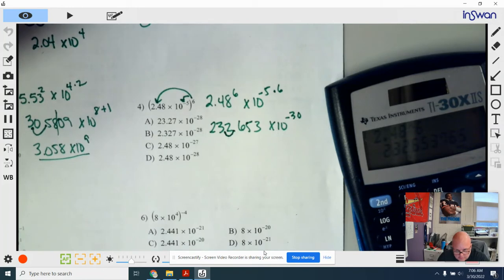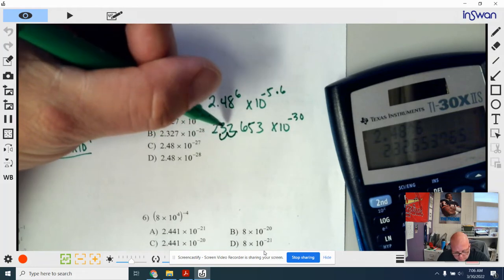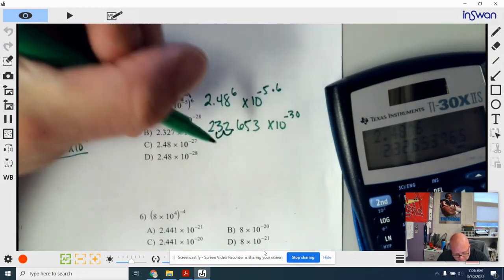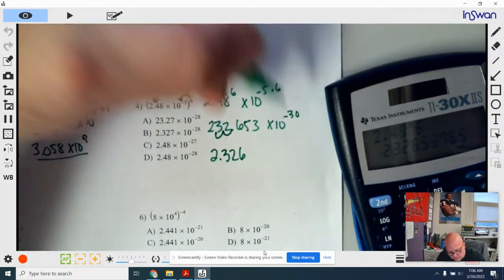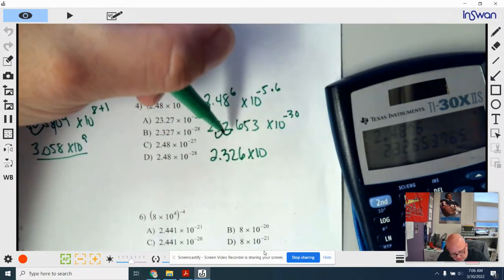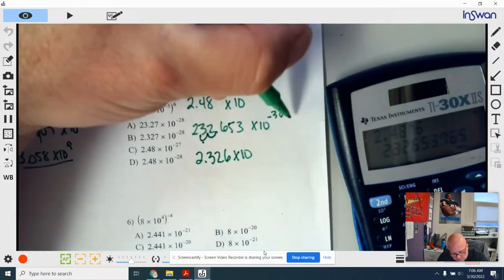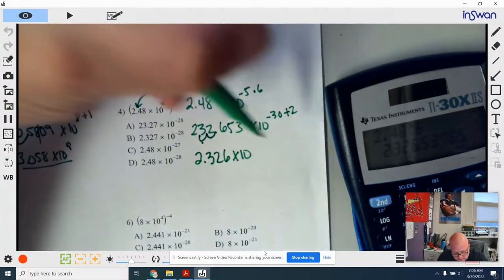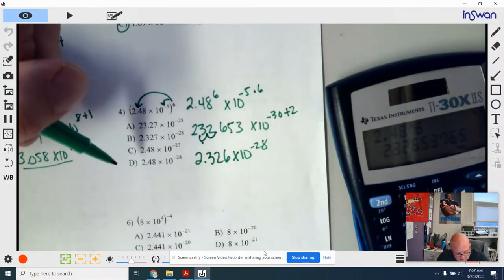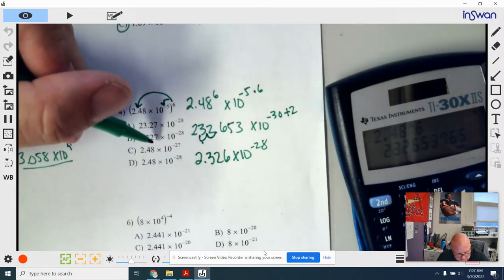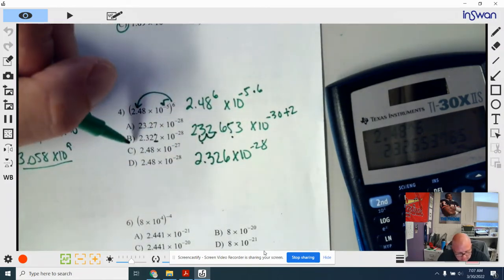If I move it back 1, you're at 23.2 something. Still too large. Go back 1 more. You're at 2.32 something, and that's going to be okay. So I'm going to say about 2.326 roughly times 10. And because I had a large number, I'm making it smaller, I'm going to add on. I moved it once, twice. So I have to add 2 to that exponent. So negative 30 plus 2 is negative 28. Check my answers out. 2.326. Notice it differs between that 6 and that 7 just because they rounded there from that 5. So this is going to be letter B.